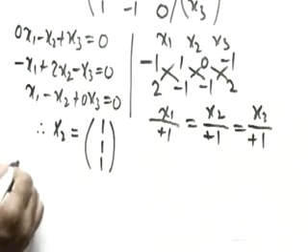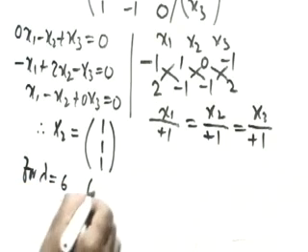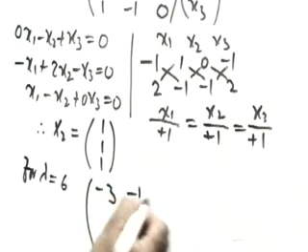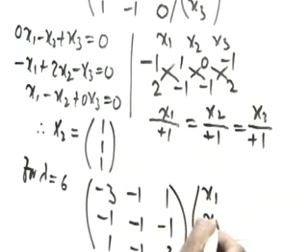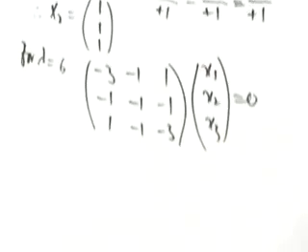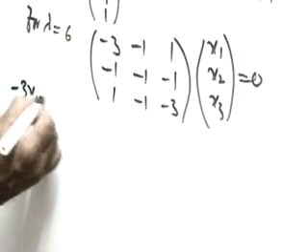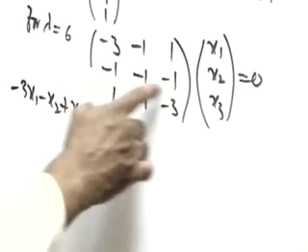Now the case 3, third vector for lambda equals to 6. If we keep 6, 3 minus 6 will be minus 3, minus 1, 1, minus 1. 5 minus 6 will be minus 1, minus 1, 1, minus 1. 3 minus 6 will be minus 3 into x1, x2, x3 equals to 0. Now if we solve this one, we will get the third vector. Multiply this: minus 3x1 minus x2 plus x3 equals to 0.